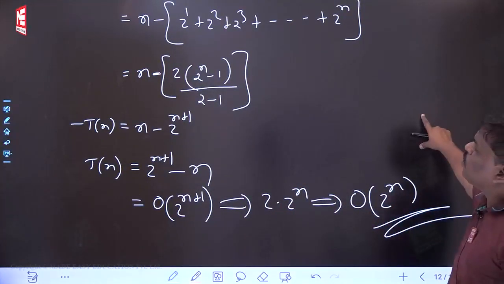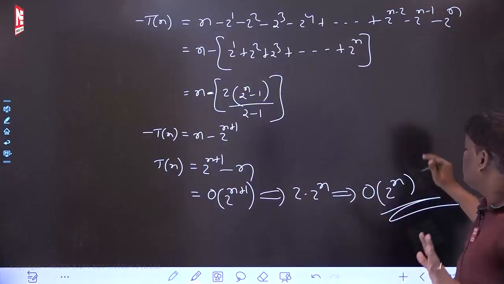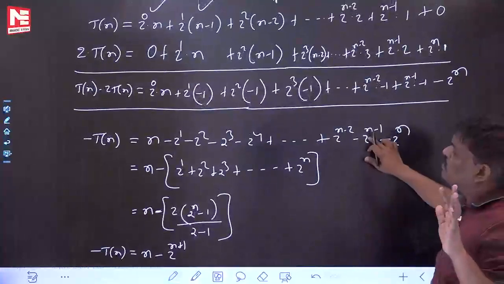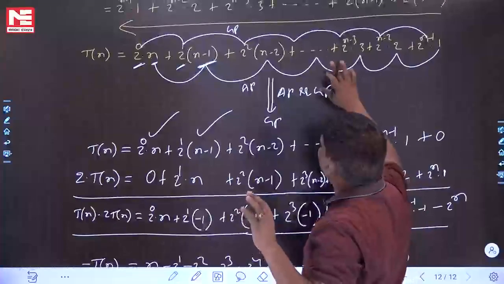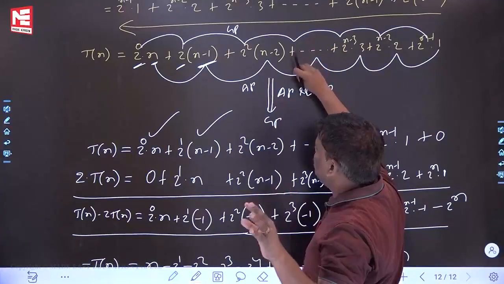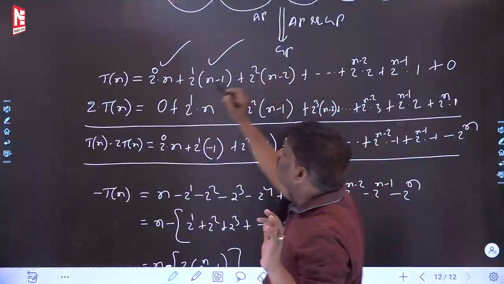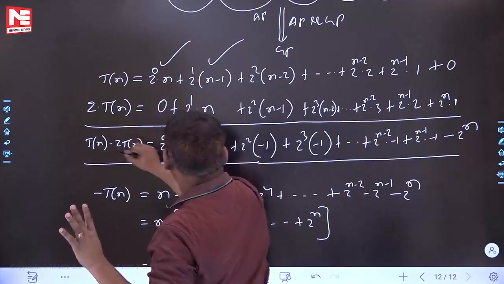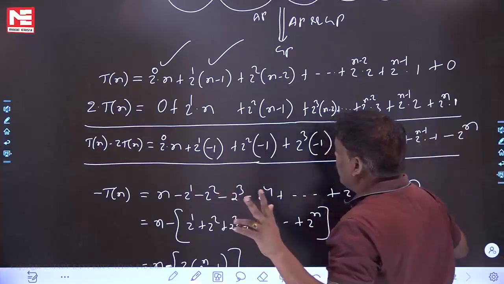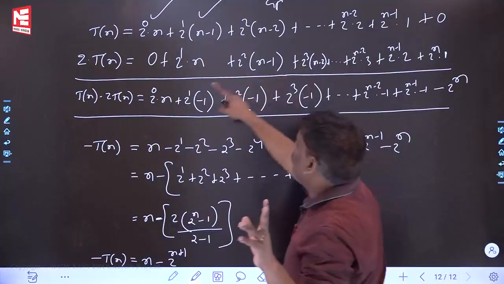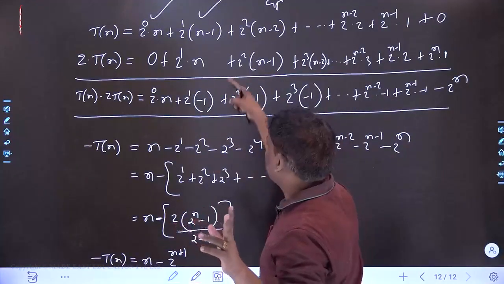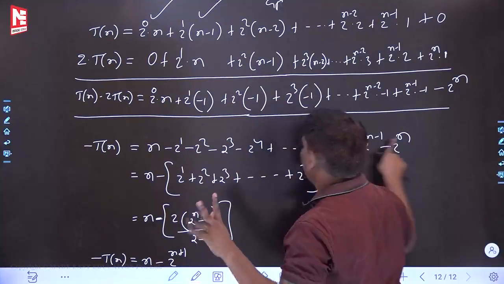The purpose of this problem is, if any final answer is 2 power n, it's okay. The purpose of this problem is how to solve AP-GP series. If you want to solve AP-GP series, what is the first step? In the GP series, find the R value, multiply the total series by R value. Afterwards, subtract. After subtracting, do you believe or not, all AP terms are gone. After subtraction is over, all AP terms are gone.